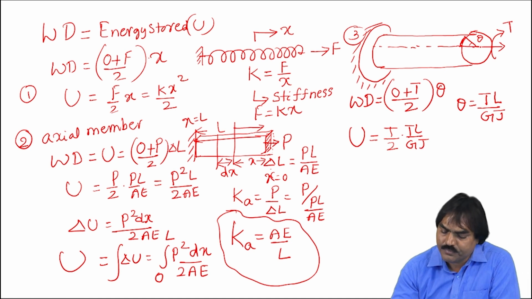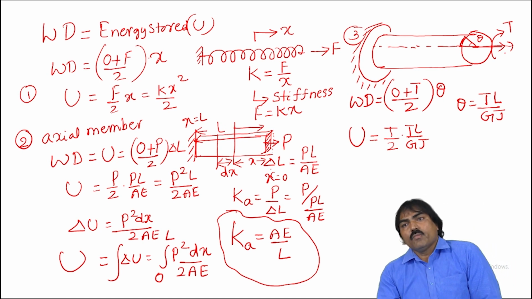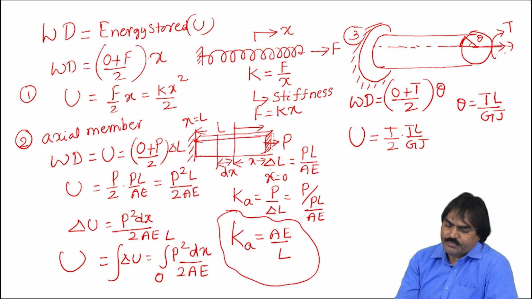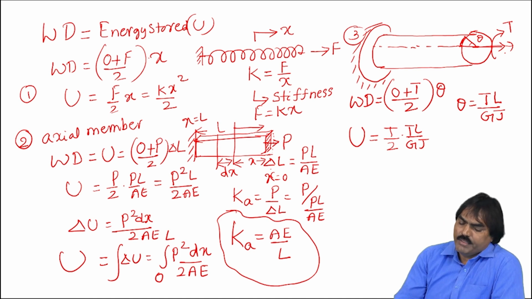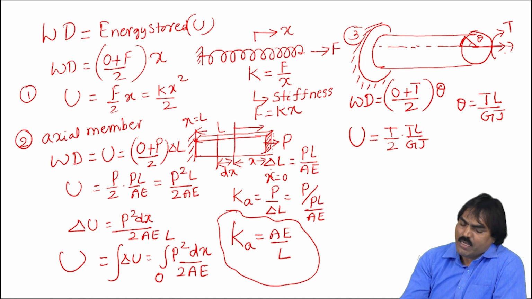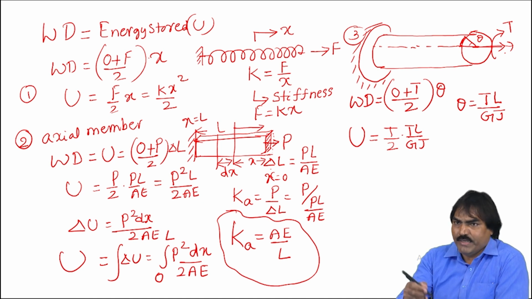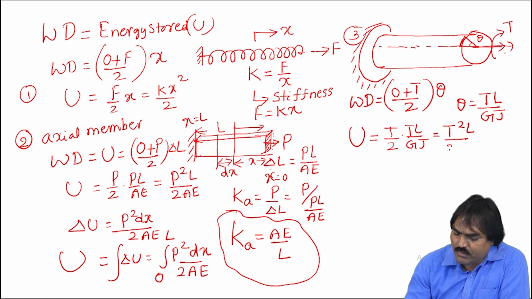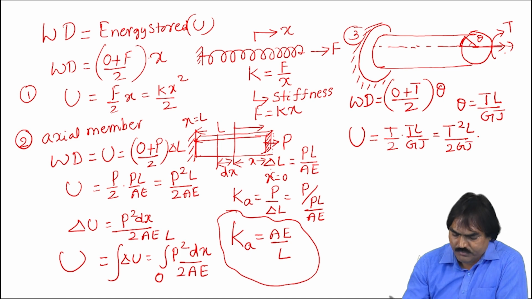Where G is the torsional modulus of the shaft material. J is the area polar moment of inertia. L is the length. T is the applied torque. These things we learned in the torsion chapter. So that is given by T square L by 2GJ.